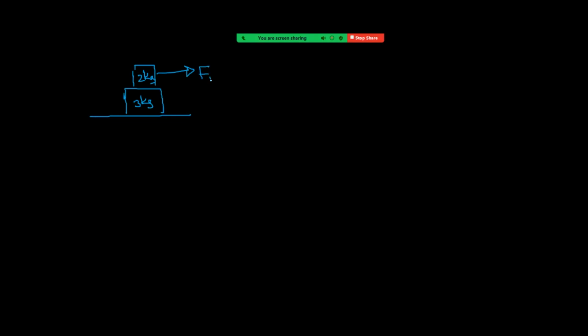What minimum force do we have to apply so that slipping starts between the blocks? The ground is smooth. Here the mu value is 0.6.